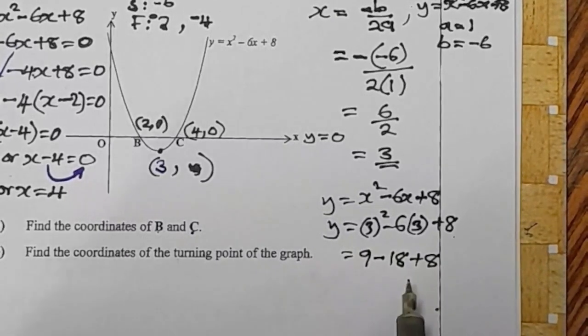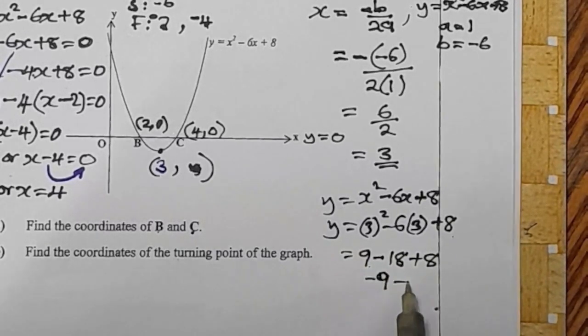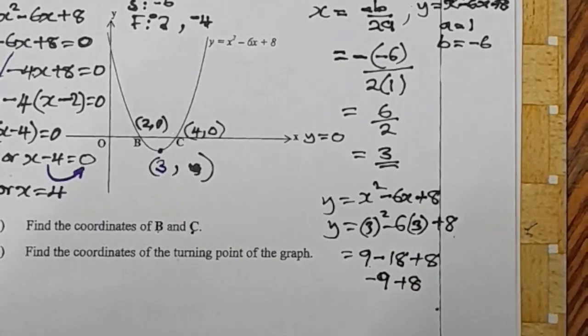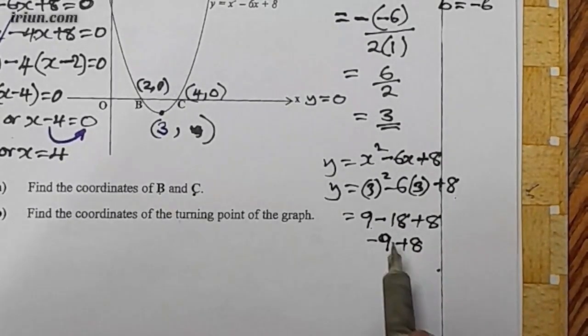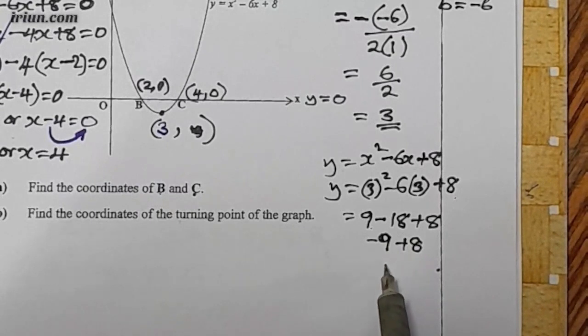So now here, since this is paper 1, no calculator, so you can use BODMAS. So you're going to work out these from left to right as they are appearing. So 9 minus 18 is negative 9 plus 8. Okay, then negative 9 plus 8 is negative 1.